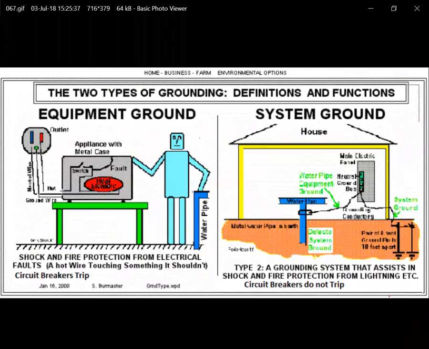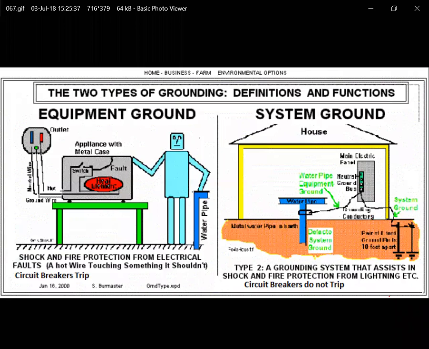Under the grounding systems, there are two categories. One is called the system ground, and one is called the equipment ground.